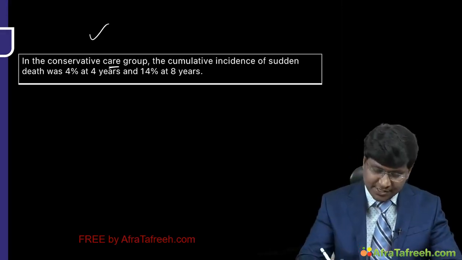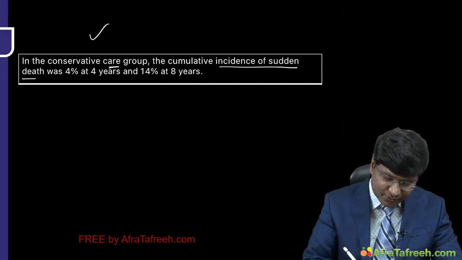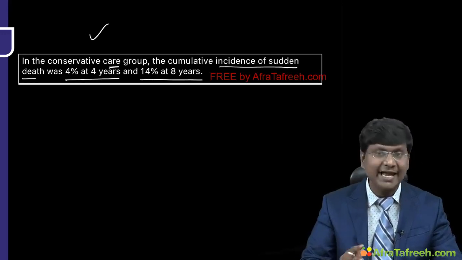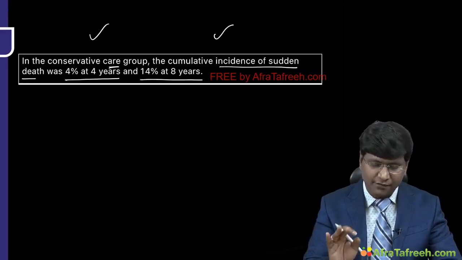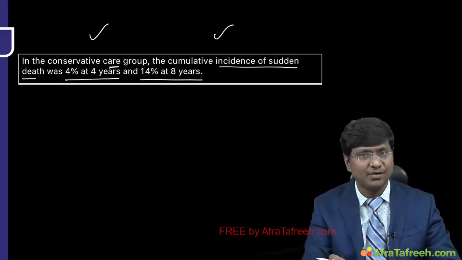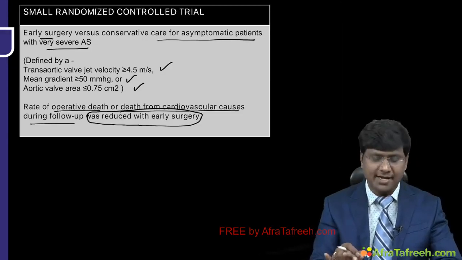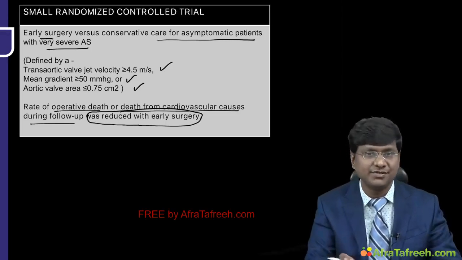What percentage? See, the cumulative incidence of sudden death was 4% at 4 years and 14% at 8 years. So that was the cumulative incidence of sudden death in the conservative care group. Okay, so that was a small randomized control trial for very severe aortic stenosis patients, right?